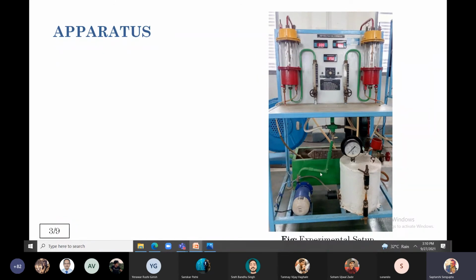The apparatus involves an electrically heated boiler or a steam generator. This white drum that you see here is the heated boiler, and since it is electrically heated, we need a voltage regulator to regulate the amount of heat energy being applied. This black knob that you see here is used to regulate the voltage.